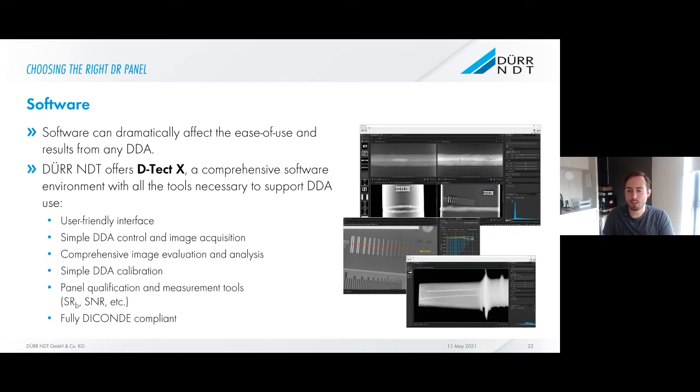So a very important consideration when choosing a panel is the calibration process. You really want to look for software which makes this easy for you, because you will be performing various calibrations as you use the panel. It's not something you just do once. You periodically do them. So if you have a software that makes that easy, it really helps.